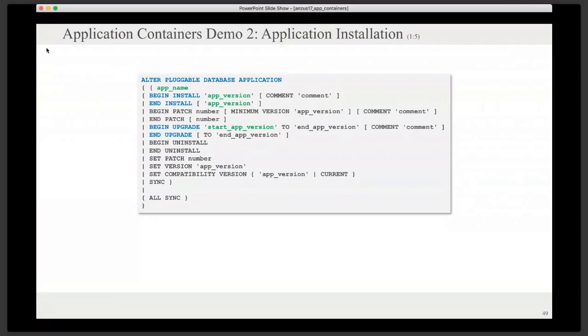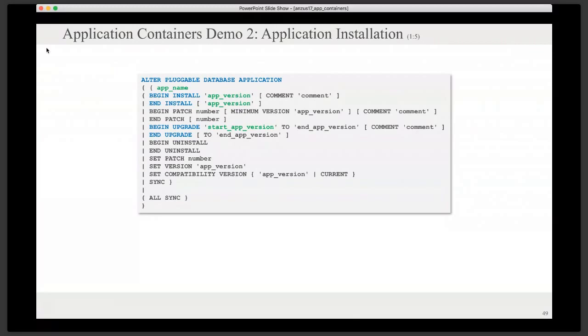So I'm in an application root, and this is the syntax for altering that pluggable database for purposes of an application. You notice we have begin install, end install, and an application version, begin patch, end patch, begin upgrade, end upgrade. And I'm going to show you these particular ones that I've highlighted in blue, what these look like.